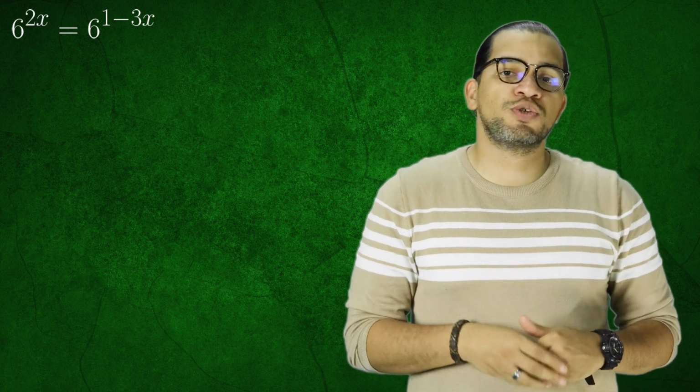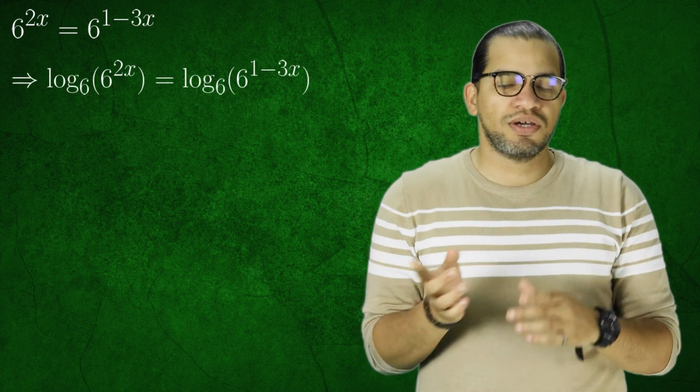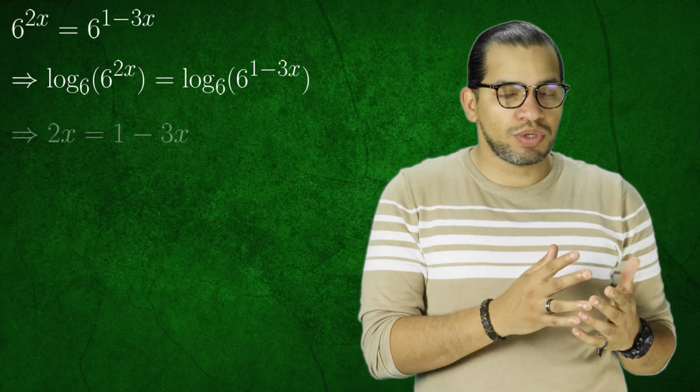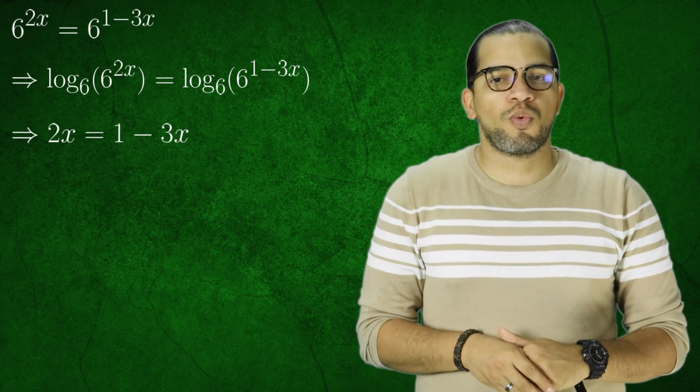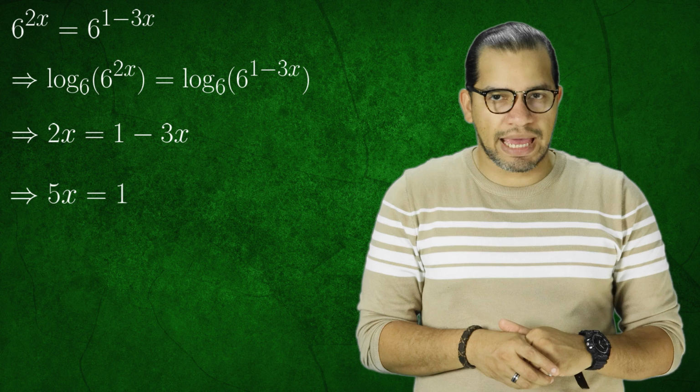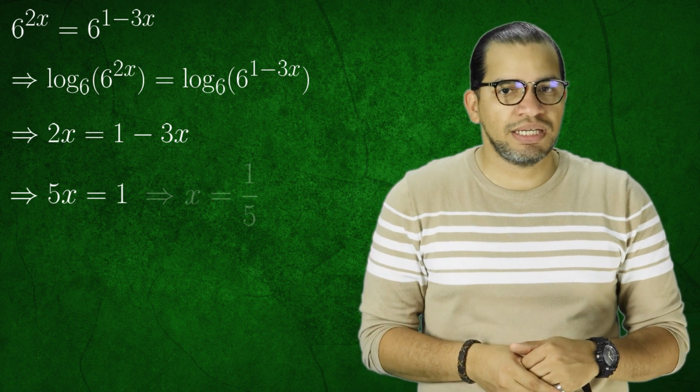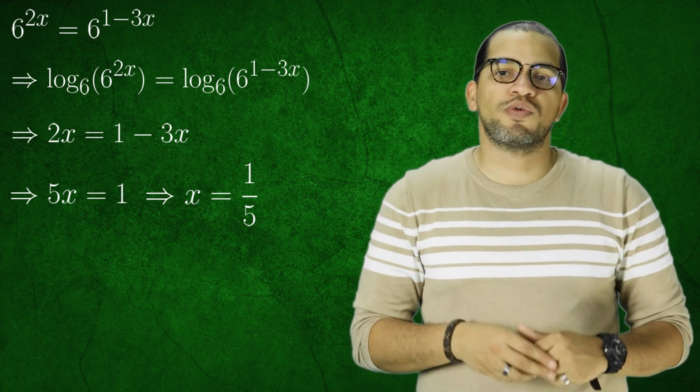Now, as 6 to the x and log base 6 of x are inverse functions, we can apply log base 6 of x to both sides of the equation. And we end up having that 2x is equal to 1 minus 3x. Thus, if we solve for x, we get that x is equal to 1 over 5.